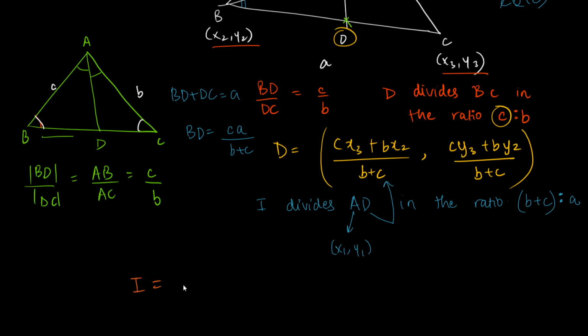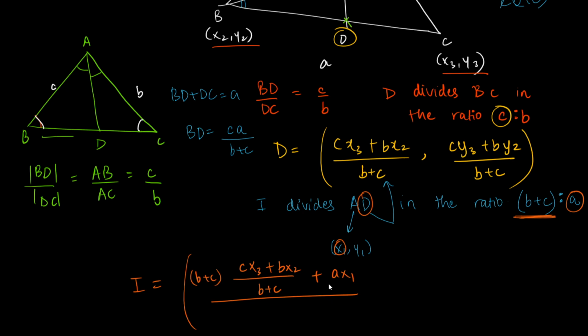So I now is equal to the first part of the ratio, multiplied by D, the second point. So b plus c times cx3 plus bx2 divided by b plus c, plus a times the first one, so ax1, divided by the sum of both of these, so a plus b plus c.